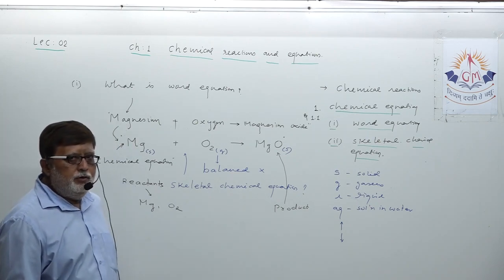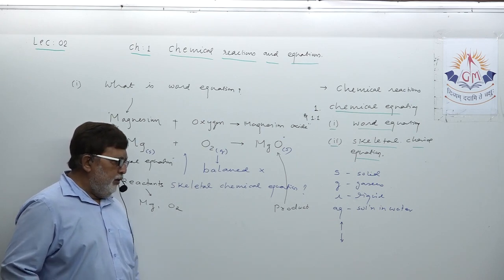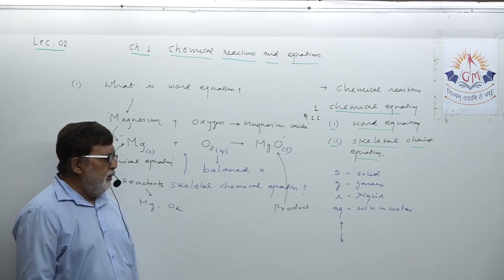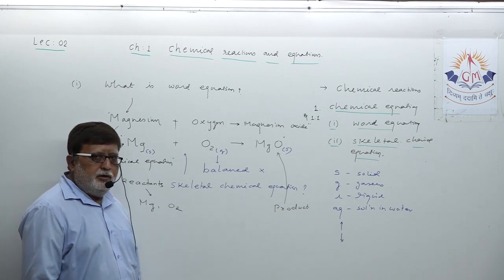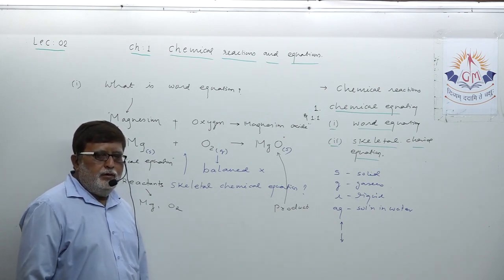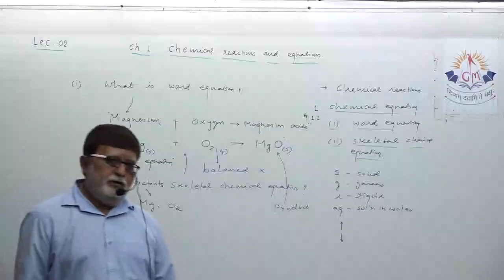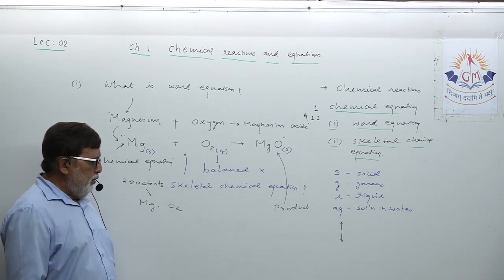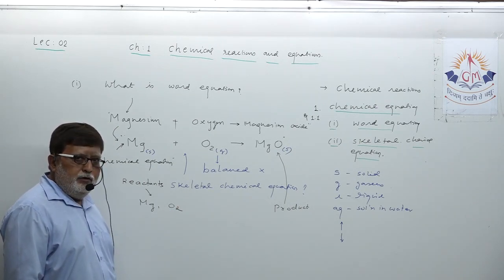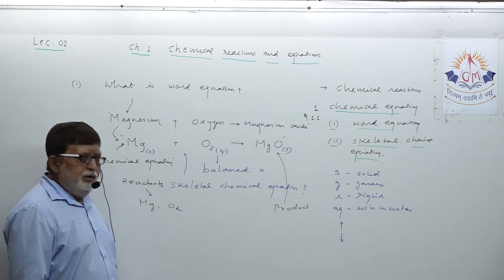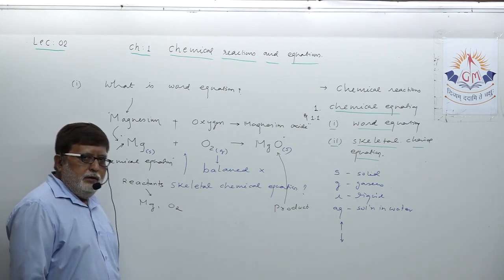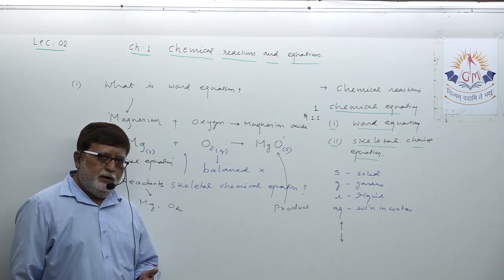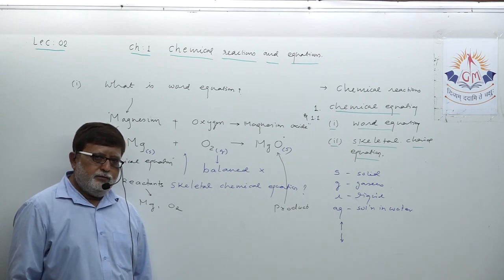In question number 2, which is also today's homework, what is a chemical equation? Write all its features. Understand? So how will you write, dear student? A chemical equation is a short, concise way of expressing any chemical reaction using symbols and molecular formulas.